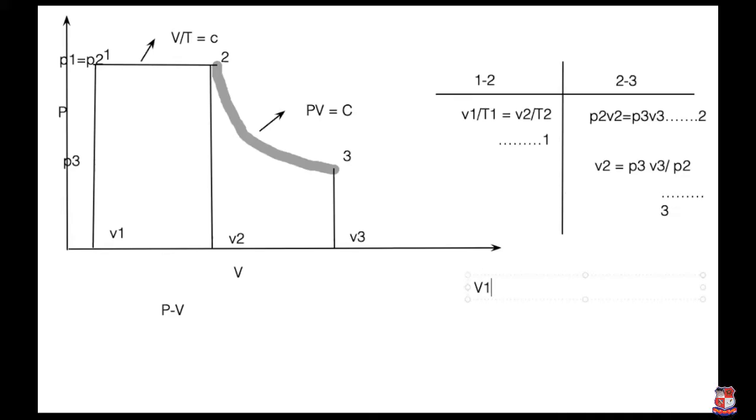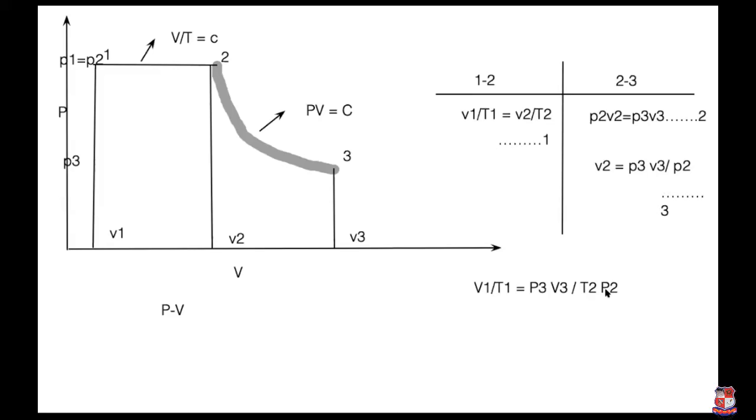V1 by T1 is equal to V2 from this equation, which is P3 V3 divided by T2 and P2. From the diagram you can see that P2 is equal to P1, so here you can change.